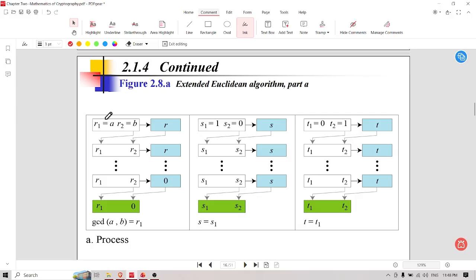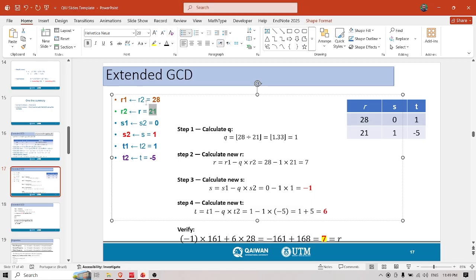Okay, in here we said that the R1 is A and R2 is B, and they will get R. However, this B would be R1 and the R would be R2, and same for the S. We said that the 1 and 0, then the 0 or the S2 would be S1, and the S would be S2, and they will get an S. And same for the T. Now this is how we said that R2 is equal to R1, or S2 is equal to S1.